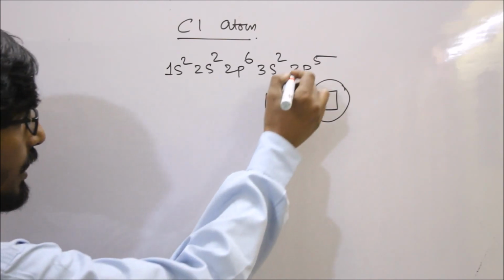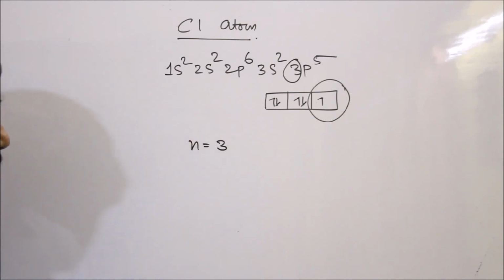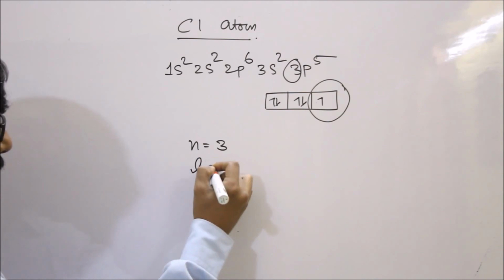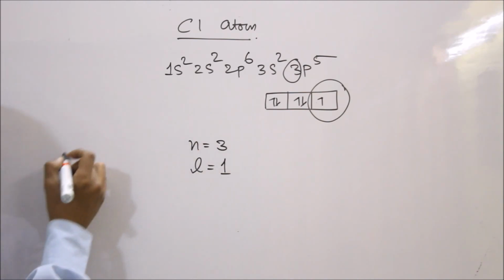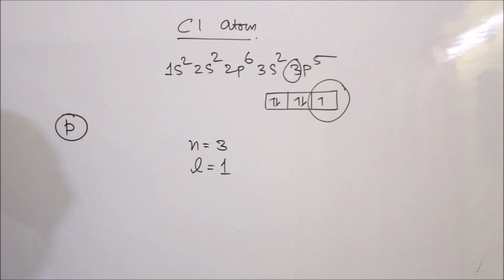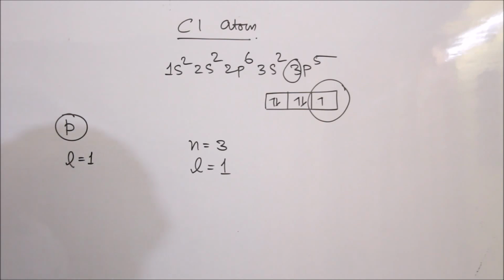Now this electron is present in the third shell, that means n equals 3, that is the principal quantum number. Now the azimuthal quantum number L equals 1, because for p orbital L equals 1.